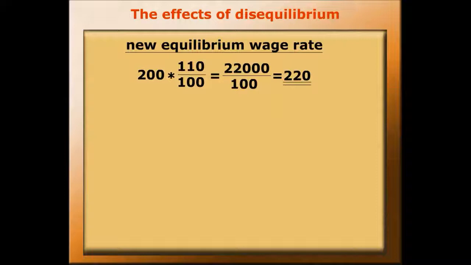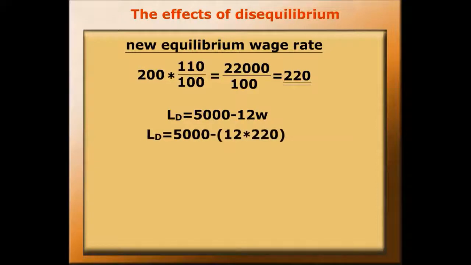Now that's going to have an effect upon the quantity of labour demanded. How much does the rise in the wage rate reduce the amount of labour that firms wish to buy? Well, LD equals 5,000 minus 12W. So LD is now 5,000 minus 12 times 220.